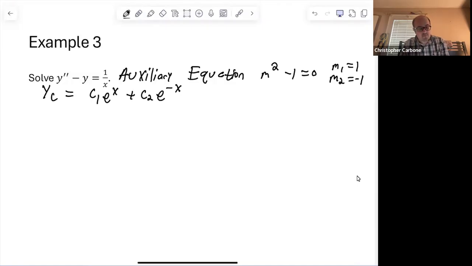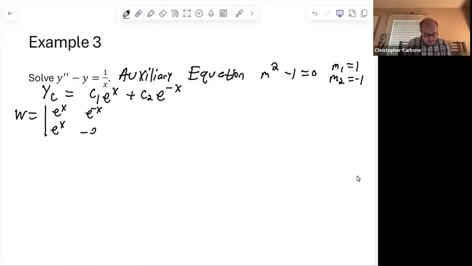We could calculate the Wronskian from this that we would do for the variation of parameters. This would be e to the x, e to the negative x, e to the x, and negative e to the negative x. So multiplying this and simplifying, this gives us a nice value of negative 2.